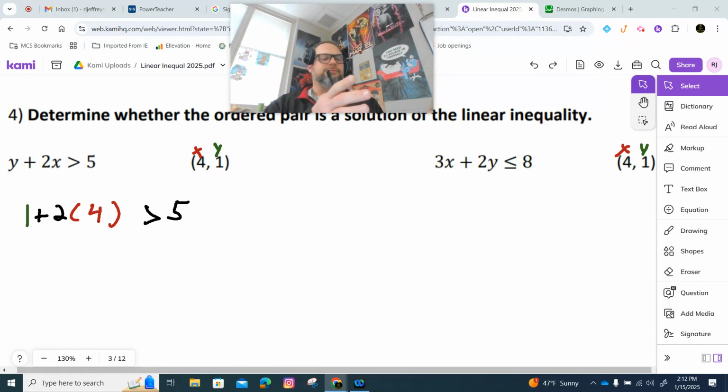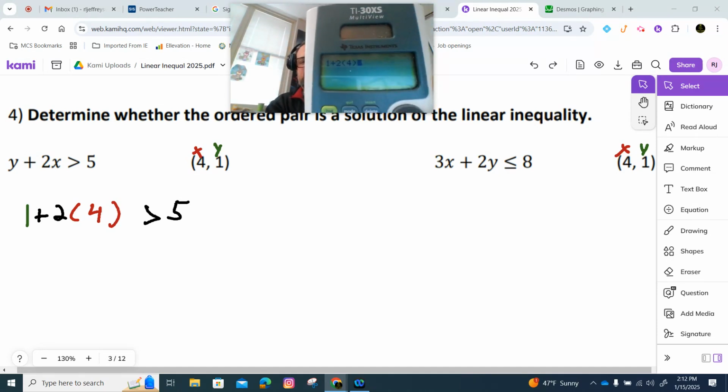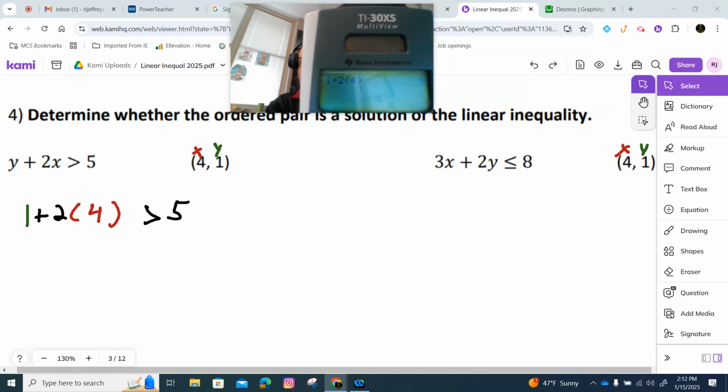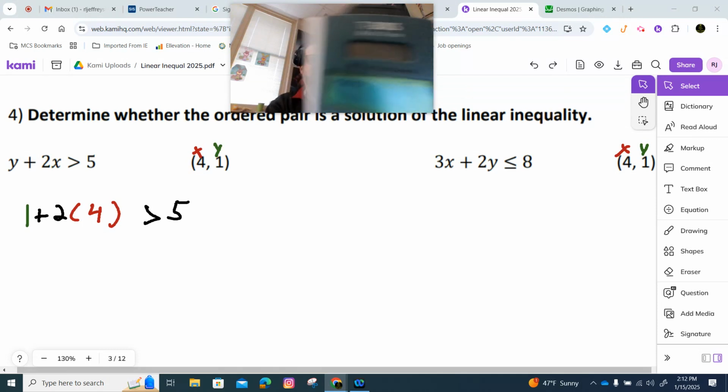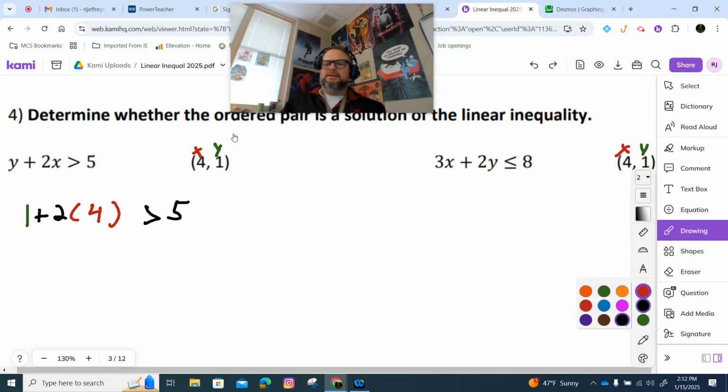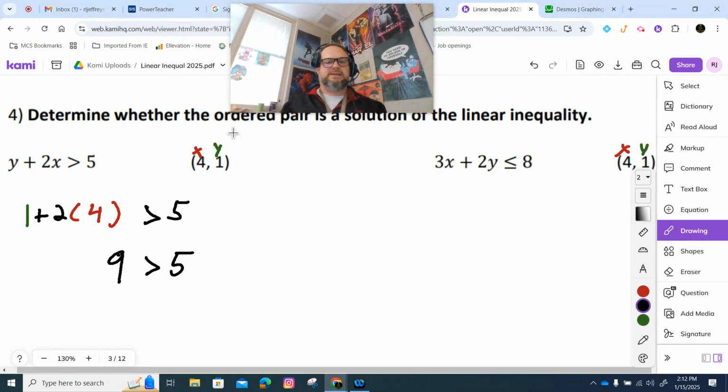Is mayonnaise an instrument? Okay, no. I plug it into the calculator just as it was written. Okay, I get 9. Is 9 greater than 5? Yes. And there's a spot for you to mark, like circle, check, X. You'll see on the other paper that we have later today.